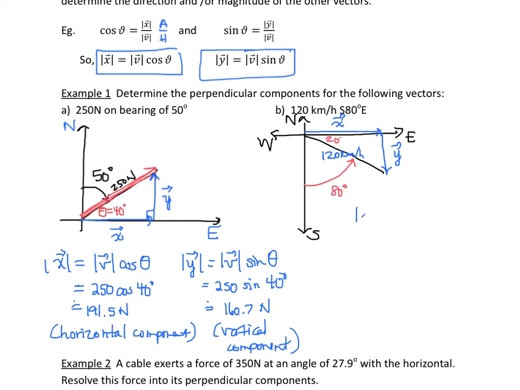Now, when finding the horizontal component, once again, the magnitude of x is equal to the magnitude of v times cos, in this case, 20. So I guess I could have filled in the 120 times cos 20. So your horizontal component is 118.2.